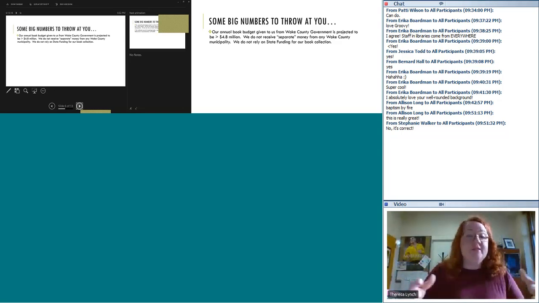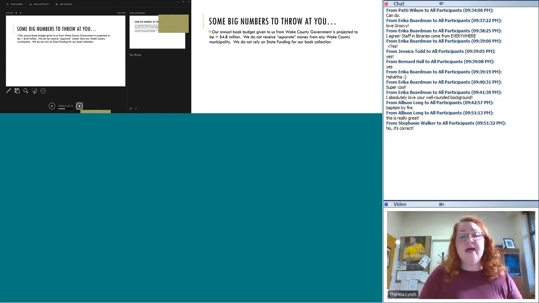But any library that's in Wake County is run by Wake County. And I do think that's a good model to follow. It wasn't always this way. I think back in the 80s was when our former director really started to bring them together into a more cohesive library system, so that it does simplify things for sure. We don't have to answer to a bunch of different groups for budgetary purposes, it's just Wake County.